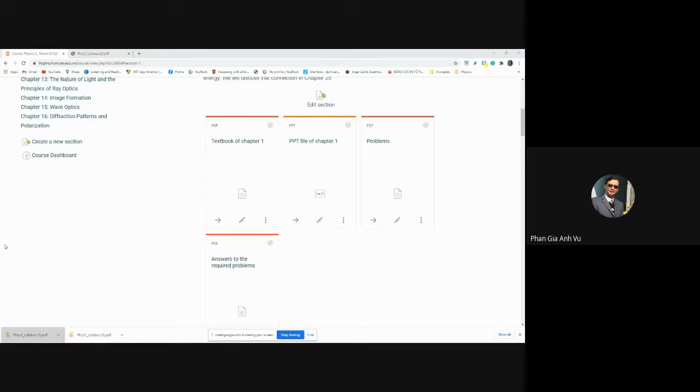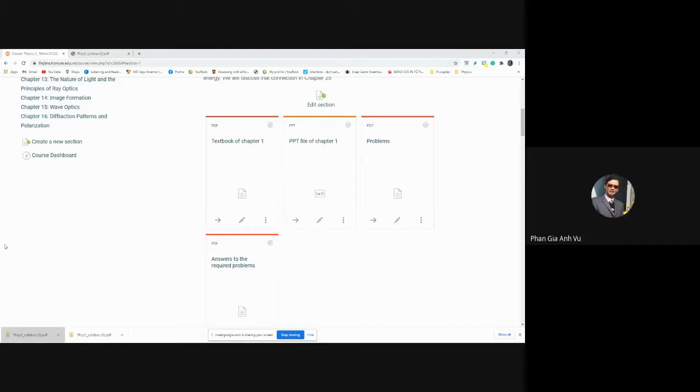I will assign a score for that. Let's say 10 for the one who has the maximum number of problems solved. Let's say in general you have 200 problems to solve, and you solve 150, and that is the maximum of the whole class, then you get 10 for this.